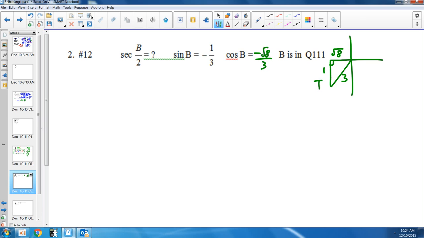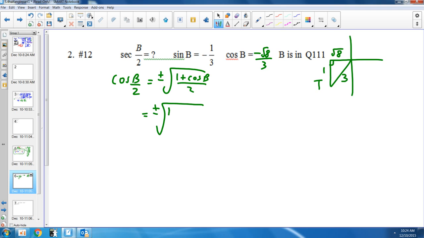To get the secant of B over 2, I want to get the cosine of B over 2. How do I do that? I write down the formula. I then substitute in. Let's go. 1 plus negative square root of 8 over 3, divided by 2.